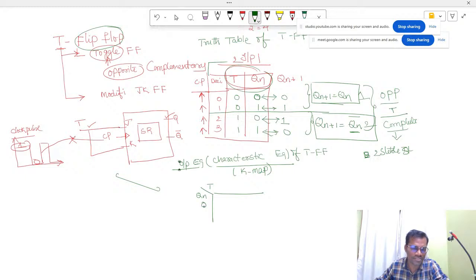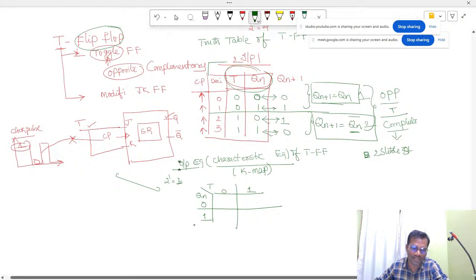One is 0, another one is 1. So draw one line. In T also, one variable is there. In one variable, how many possibilities are there? 2 to the power 1, which means two possibilities. How do we write them? 0 as well as 1. Draw one line, just to combine this.